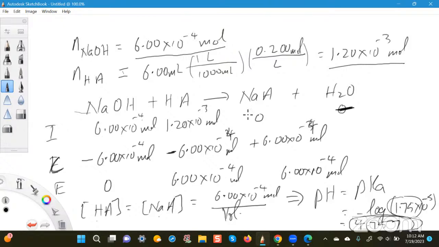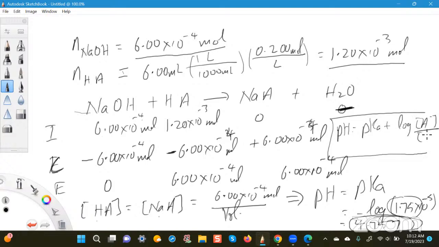Let me just remind you what it is: pH is equal to pKa plus log of the concentration of A minus divided by the concentration of HA. Because this is equal to this, that's 1, log of 1 is 0, so therefore the pH is equal to pKa. Okay, so that's basically how that is done.